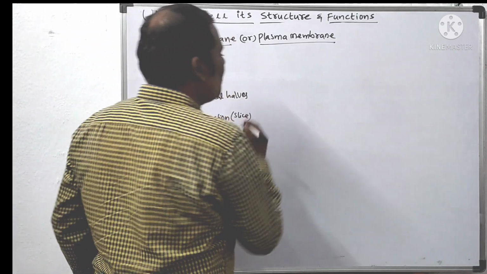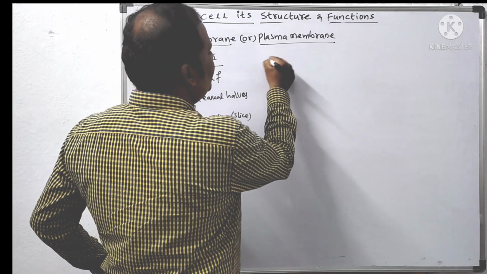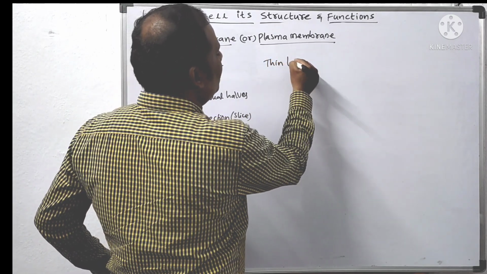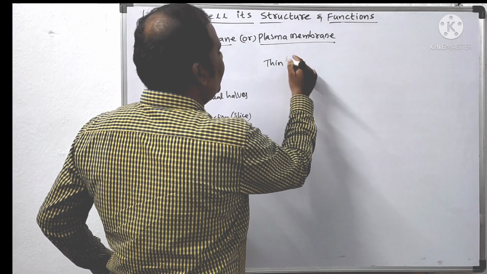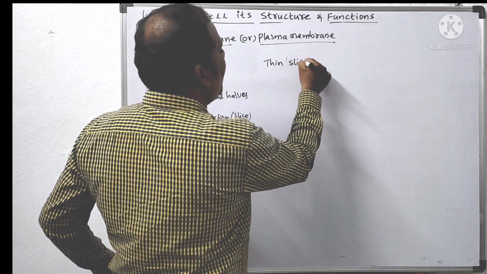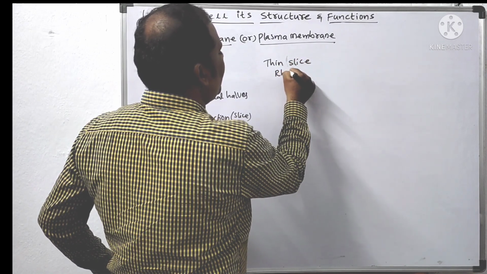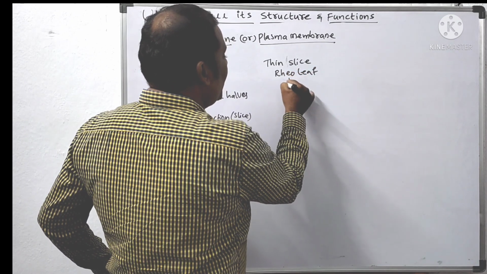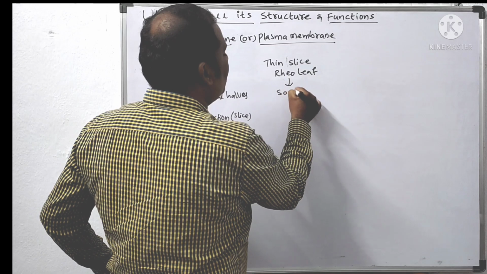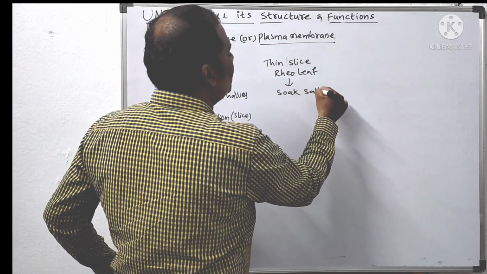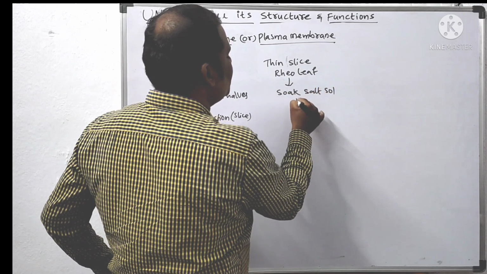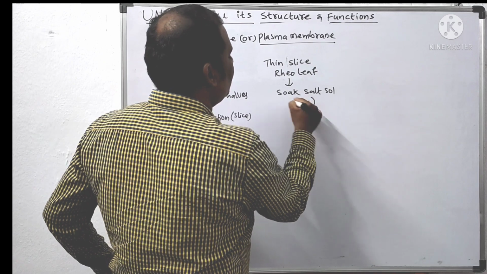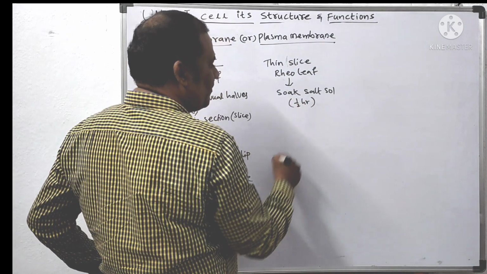It means you have to do one more activity. What is that? The thin slice you have cut from the Rhoeo leaf, you soak it in a salt solution. You have to soak it in salt solution for half an hour. For how long? Half an hour.